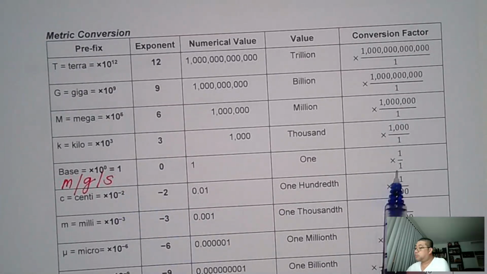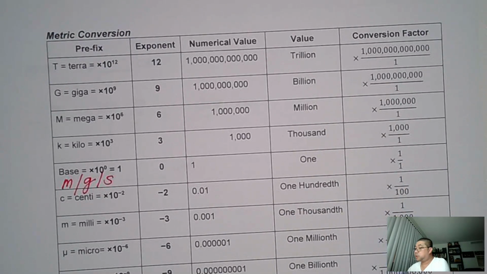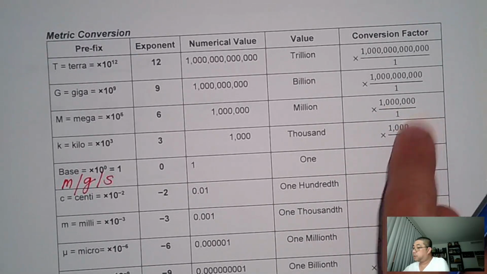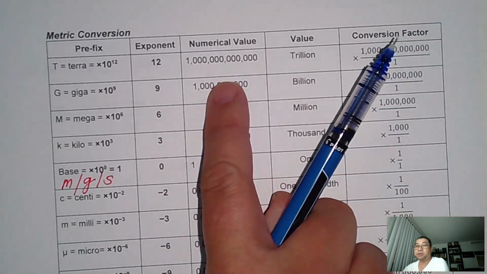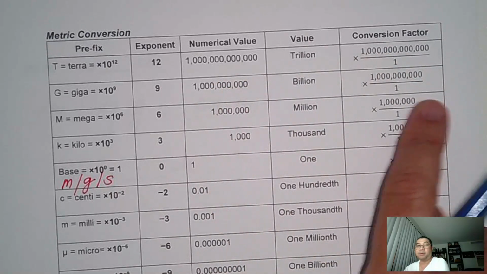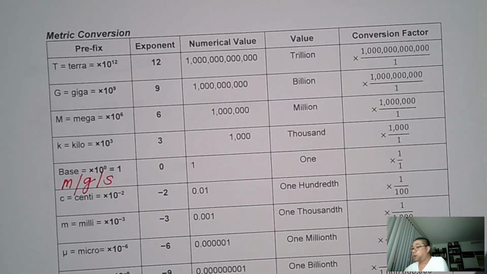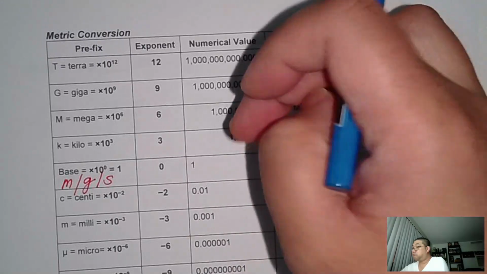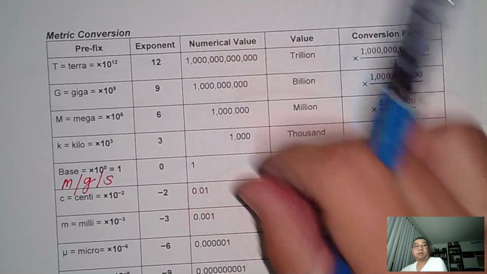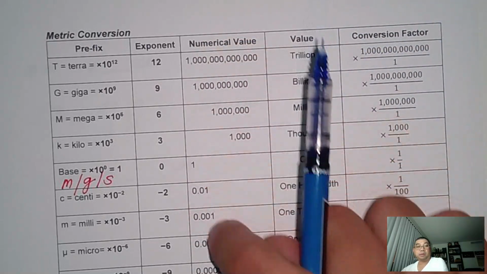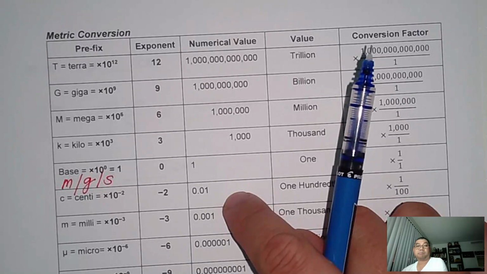It's always from the base to certain steps, a number divided by 1, which is your conversion factor. So there isn't any conversion factor that jumps from kilo going to centi.